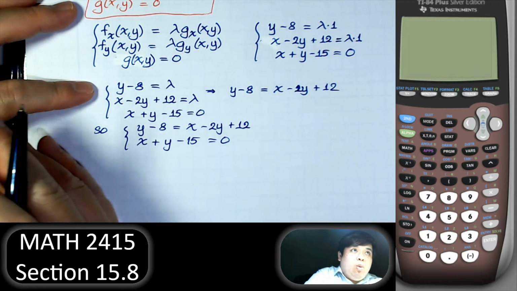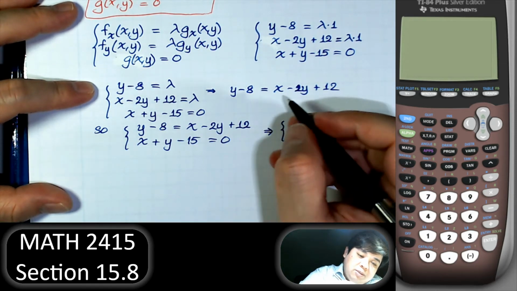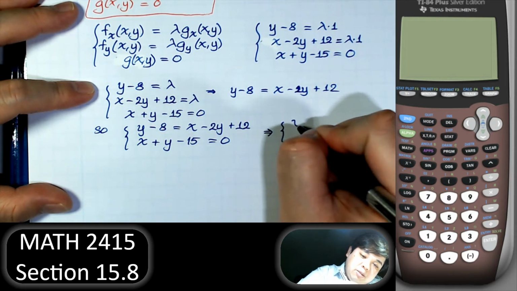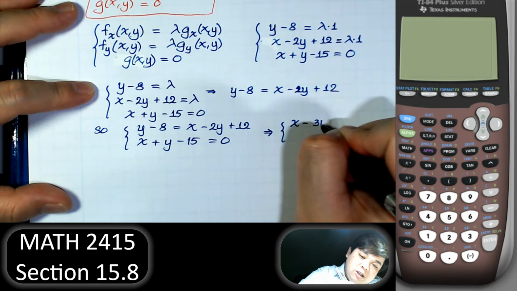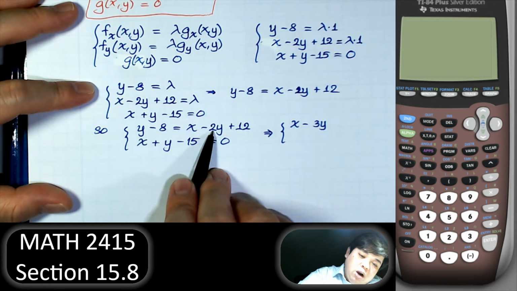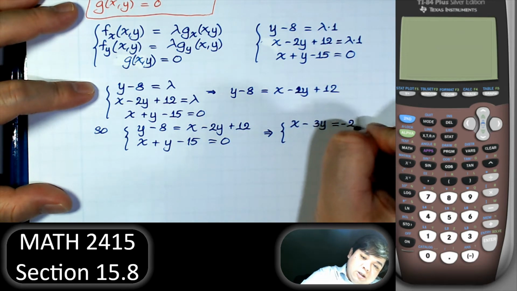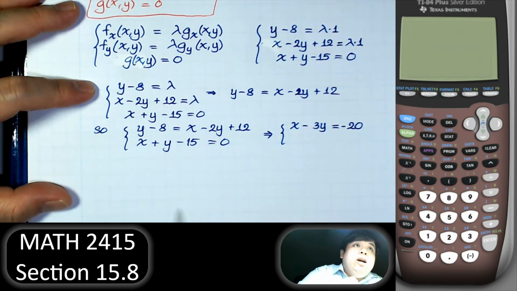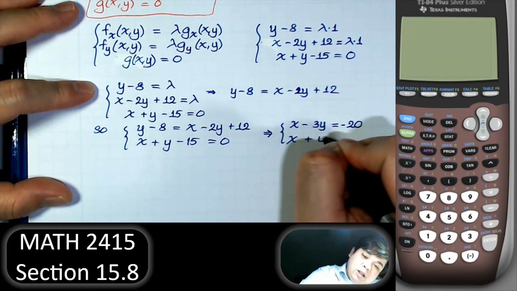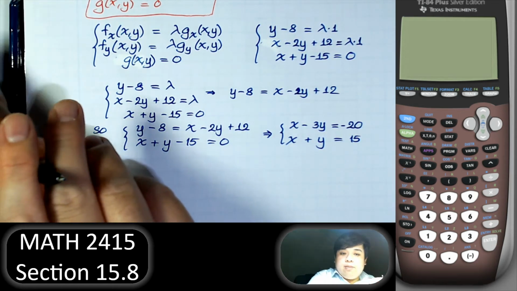Right, move everything to one side. What I mean is keep x and y on one side, and move the y to the other side, so it becomes x minus 3y. Move the 12 to the other side, and then move the 15 to the other side. We have x plus y equal to 15. So this is the system of equations.